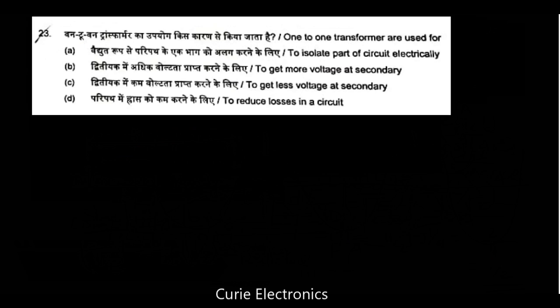Question number 23. A 1-to-1 transformer is used for isolation. Option A is the right answer, because sometimes we use 1:1 transformers to isolate the electrical connection from the input side, that is, to isolate part of the circuit electrically.